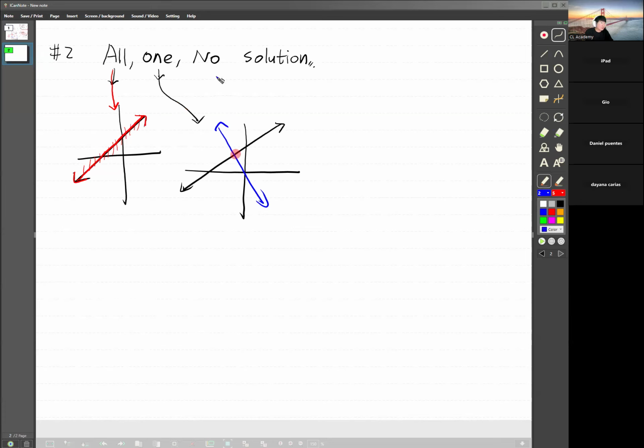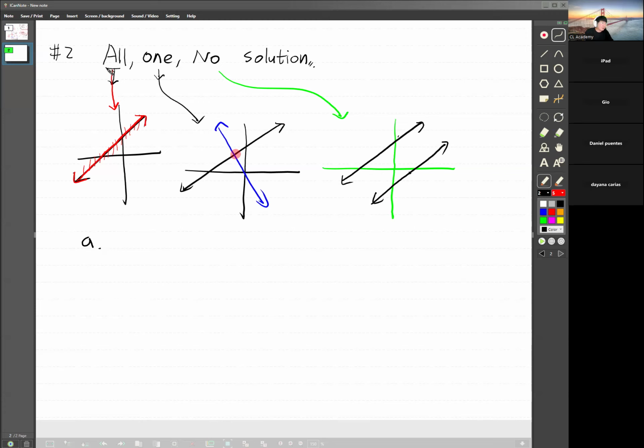Now, no solution: when they never intersect, which means when they're parallel. In this case, they never intersect, meaning no solution. Now, the algebraic way, you guys try this one.